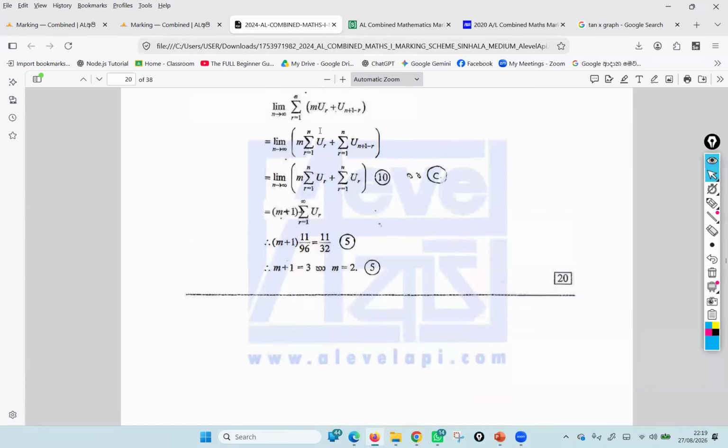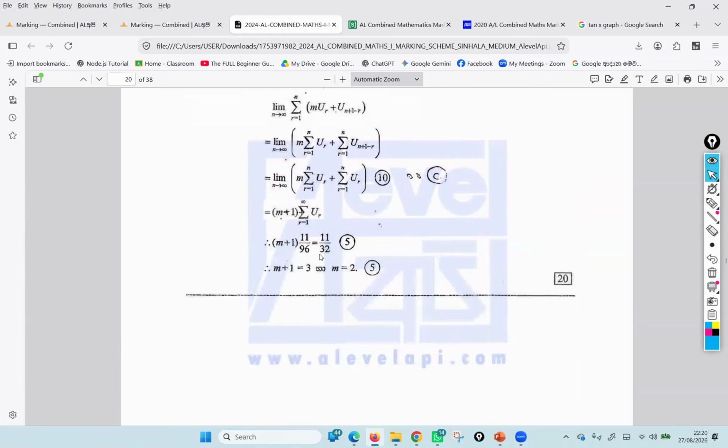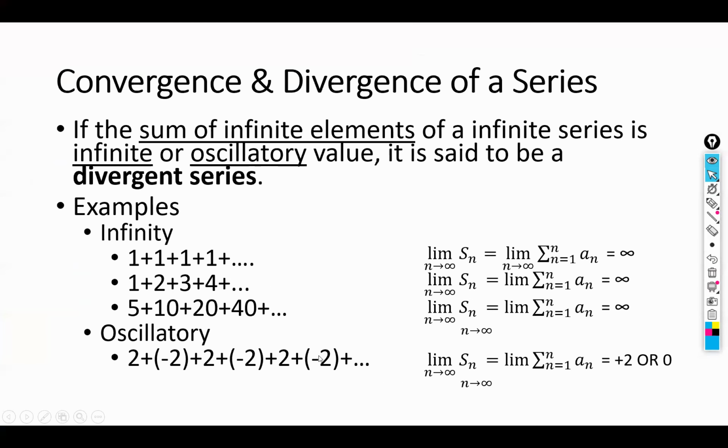So this sum of infinite terms, right? So you can say, okay, that's 2. That's 3. So that means a convergent series. Abhisari, apasari. Okay. So therefore, we have such a concept. We have such sequences and series in reality. Convergent sequences, divergent sequences.